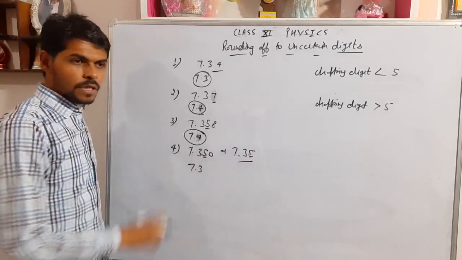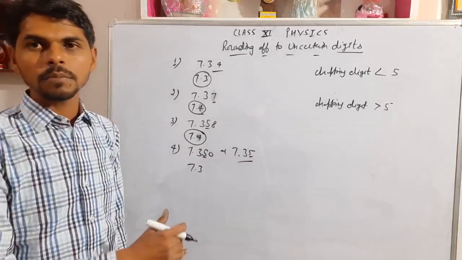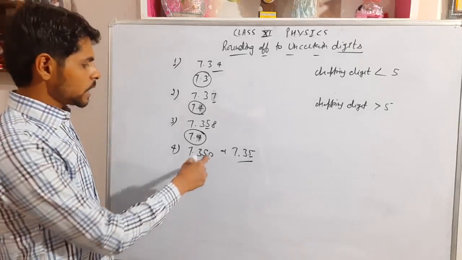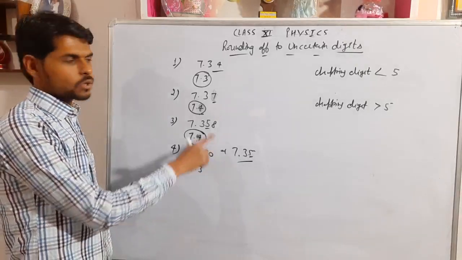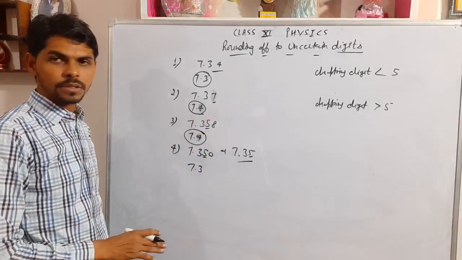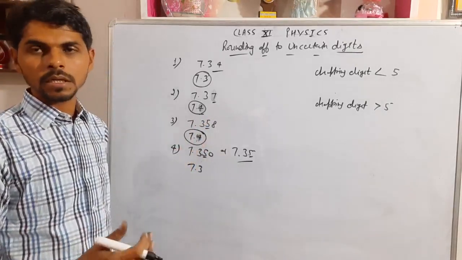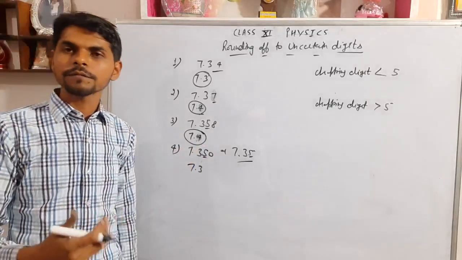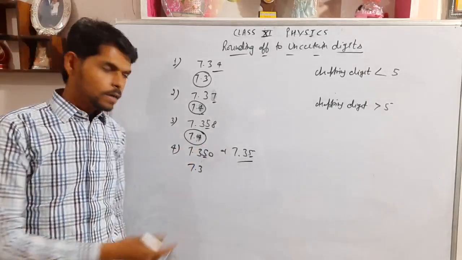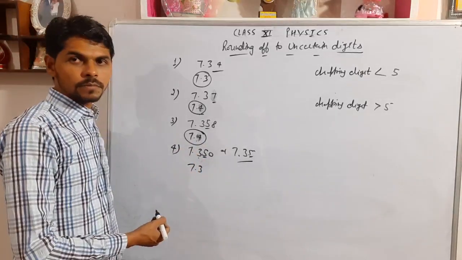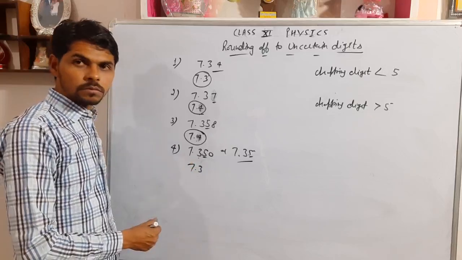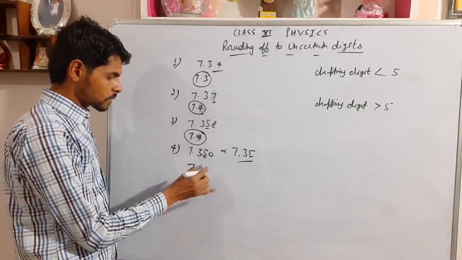If we have to drop 5, look at the number following the 5. If it is other than 0, we raise the number by 1 as in rule number 3. If there is 0 after the dropping 5, then we look at the previous number. If this number is odd, it will be raised by 1.